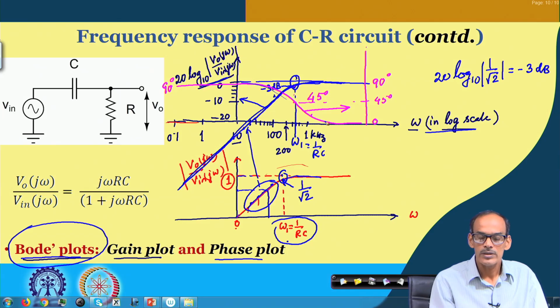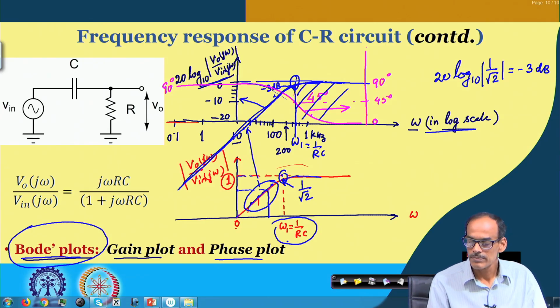Now, here, as I said, this is behaving like a high pass, and this frequency is referred to as the corner frequency or cutoff frequency, beyond which the signal is passing.